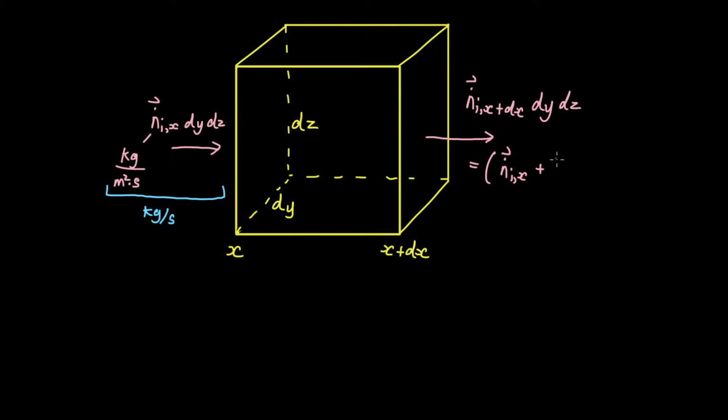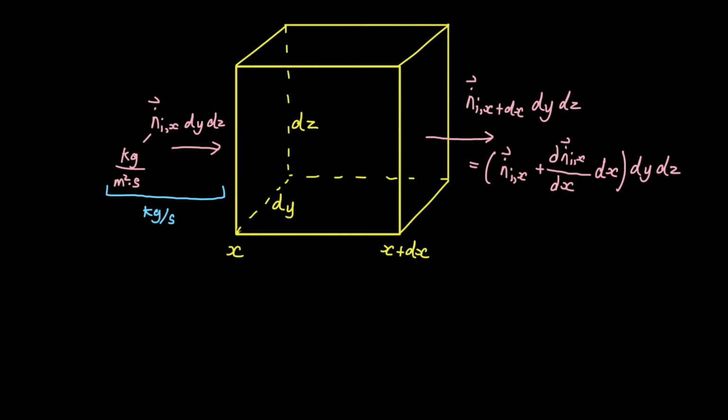Actually this is a partial differential, so the gradient of species i in the x direction with respect to the x-axis, multiplied by the length of the box, in this case dx, and then multiplied of course by dy and dz, which is the surface area.